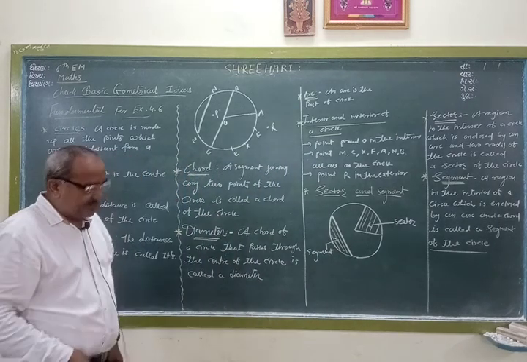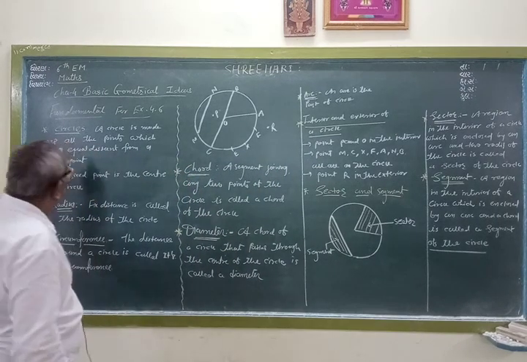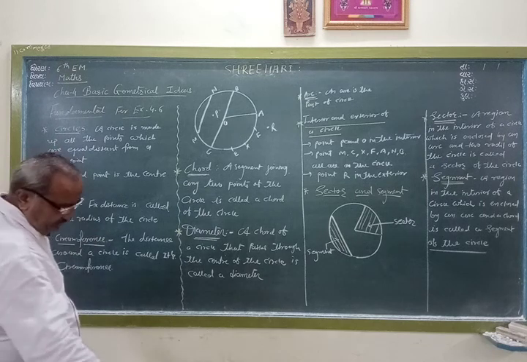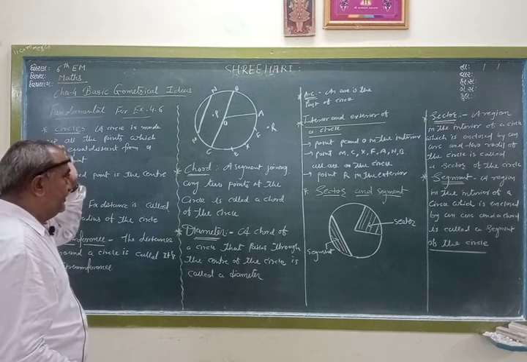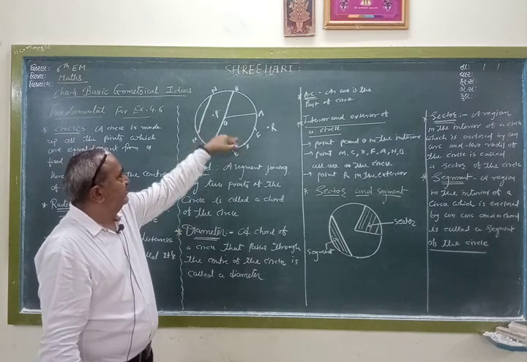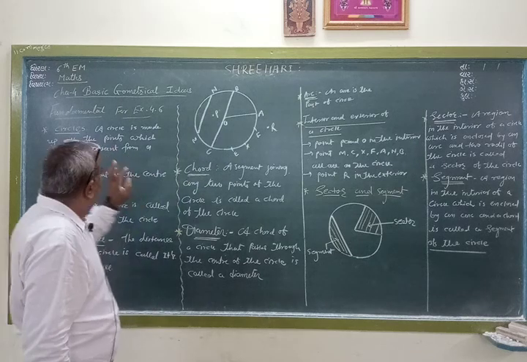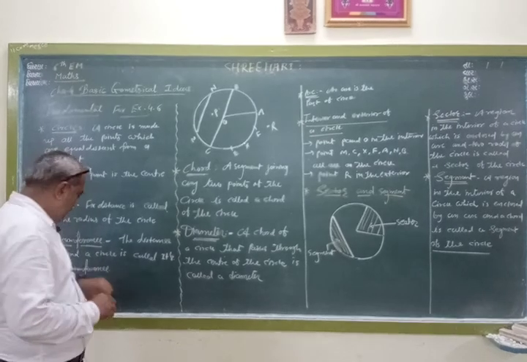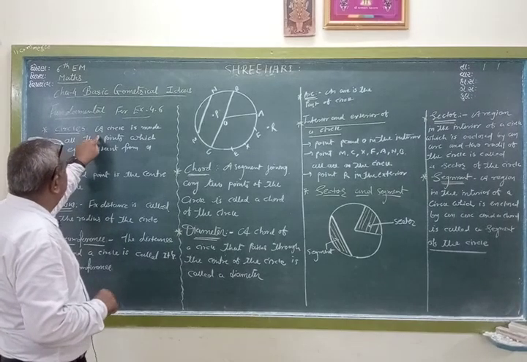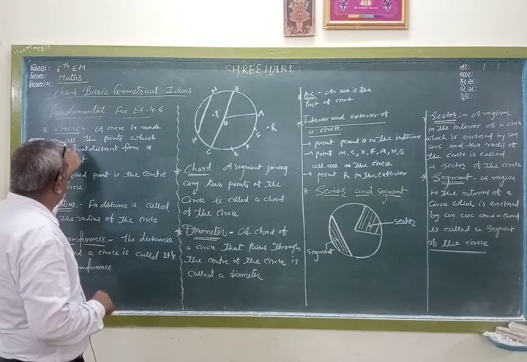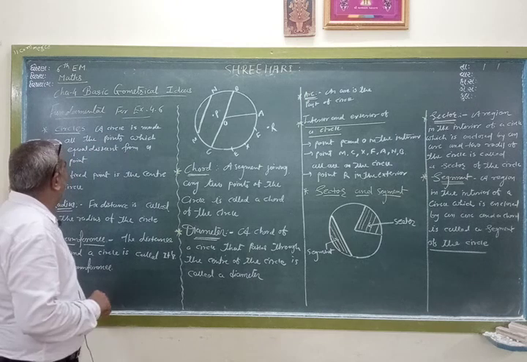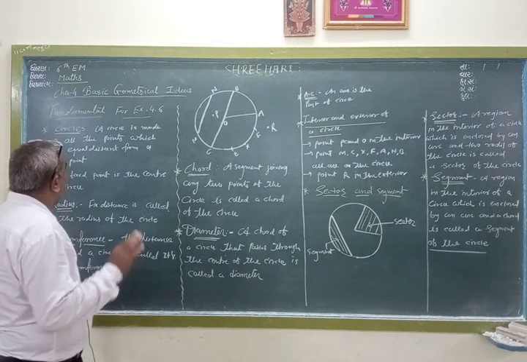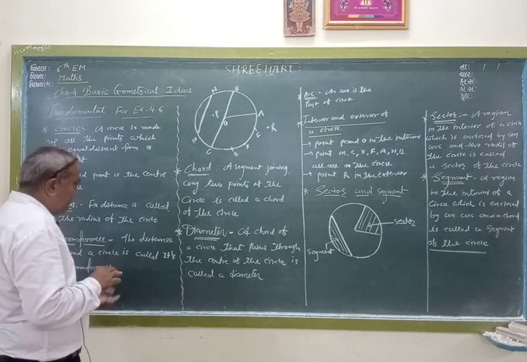So look here friends. First, what is a circle? You can see in the figure, this is a circle. But what is the definition of a circle? A circle is made up of all the points which are at equal distance from a fixed point.